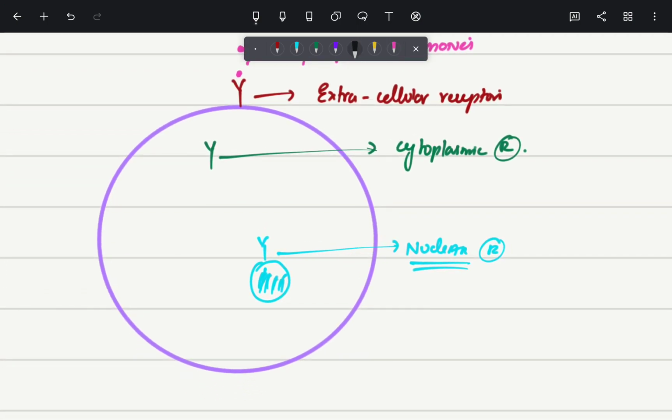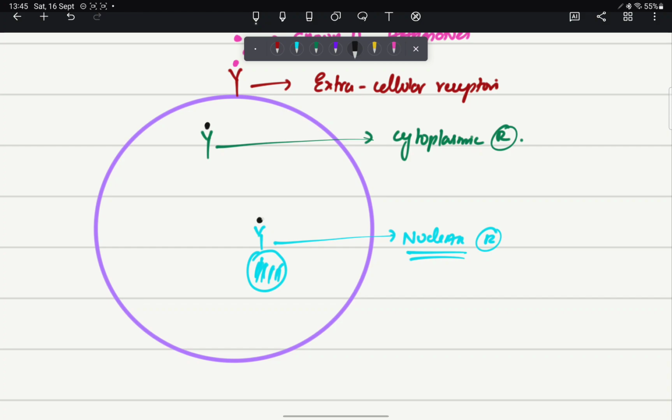Whereas there are hormones which can act on your cytoplasmic receptor, or the hormone can act upon the nuclear receptors. Now these kinds of hormones which act on the cytoplasmic receptor or the nuclear receptor are called your group 1 hormones.